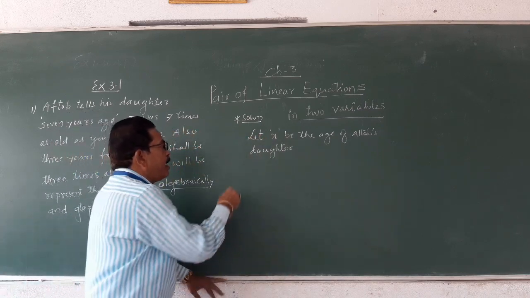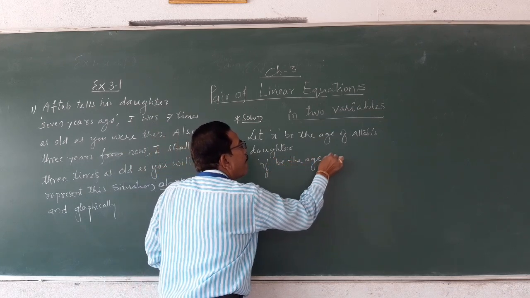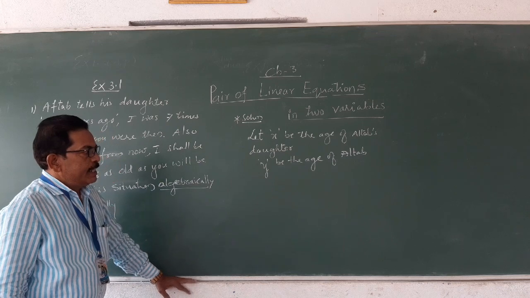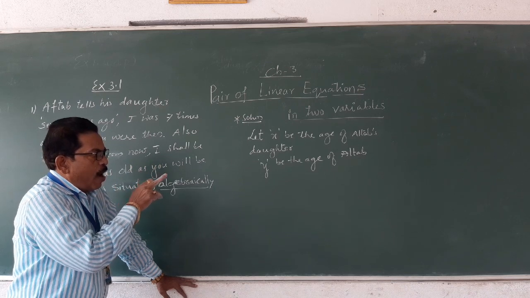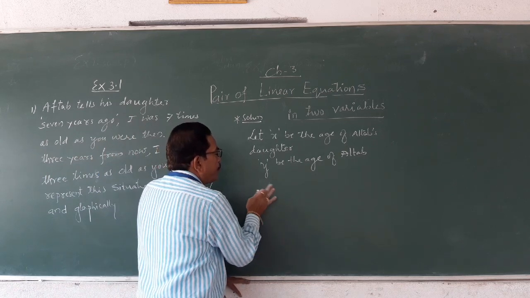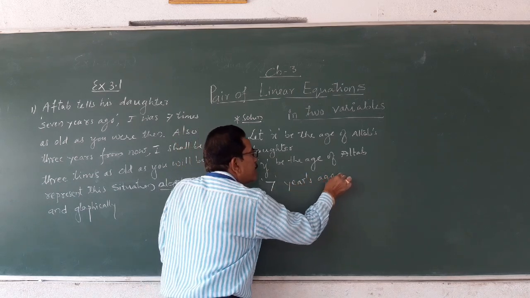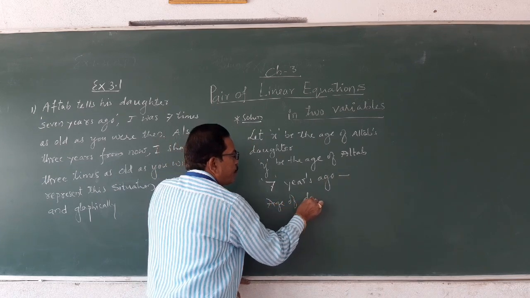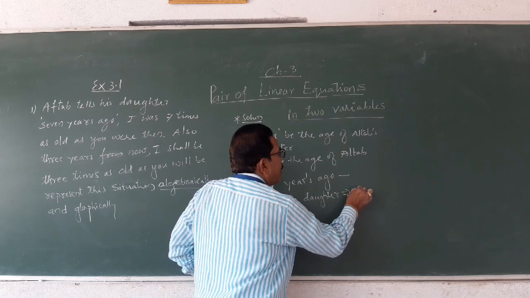Let x be the age of Aftab's daughter, and y be the age of Aftab. Seven years ago, age of daughter implies x minus 7.